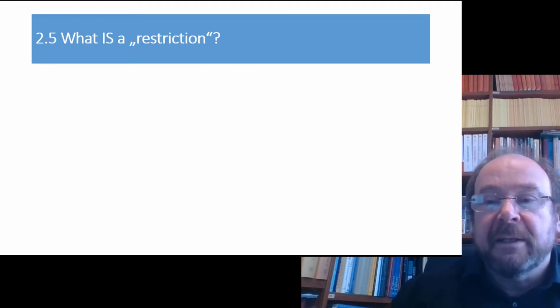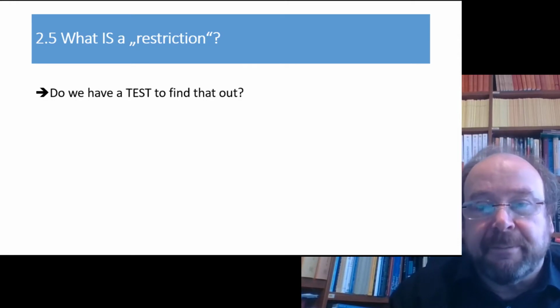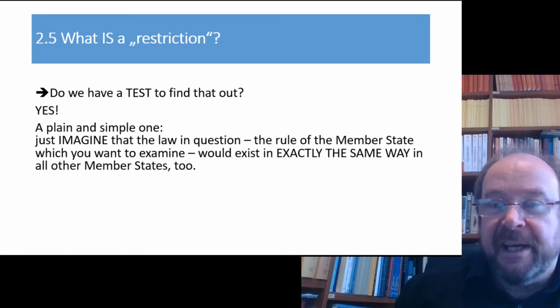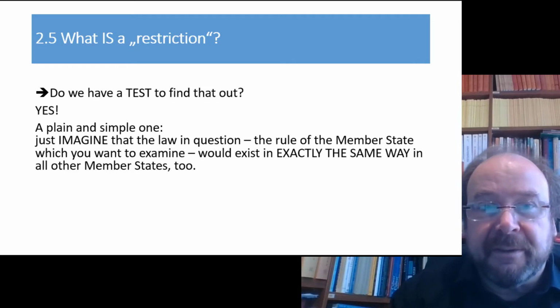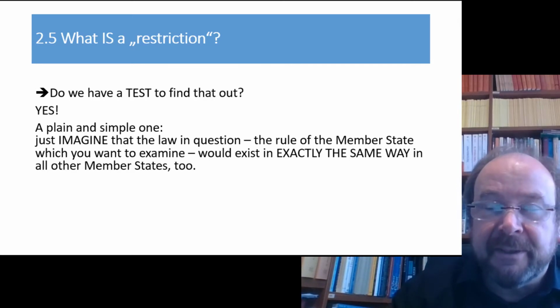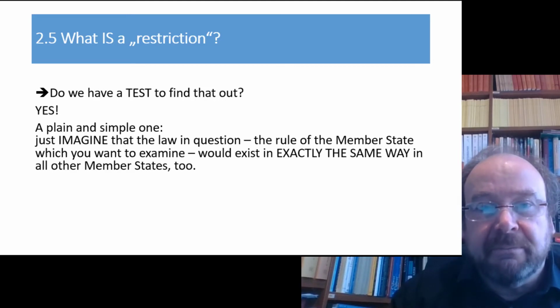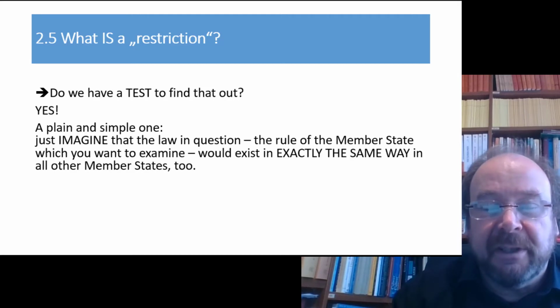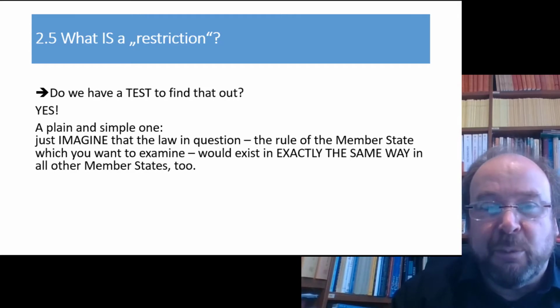Well, do we have a test to check this first question? And the answer is yes, naturally we have, because plain and simple, if you think about a certain national rule and want to find out if it is a restriction or if just the difference of the laws creates a problem, then just use your imagination and imagine that the rule in question, the one which you're going to test, is exactly in the same way existing in all other member states too.